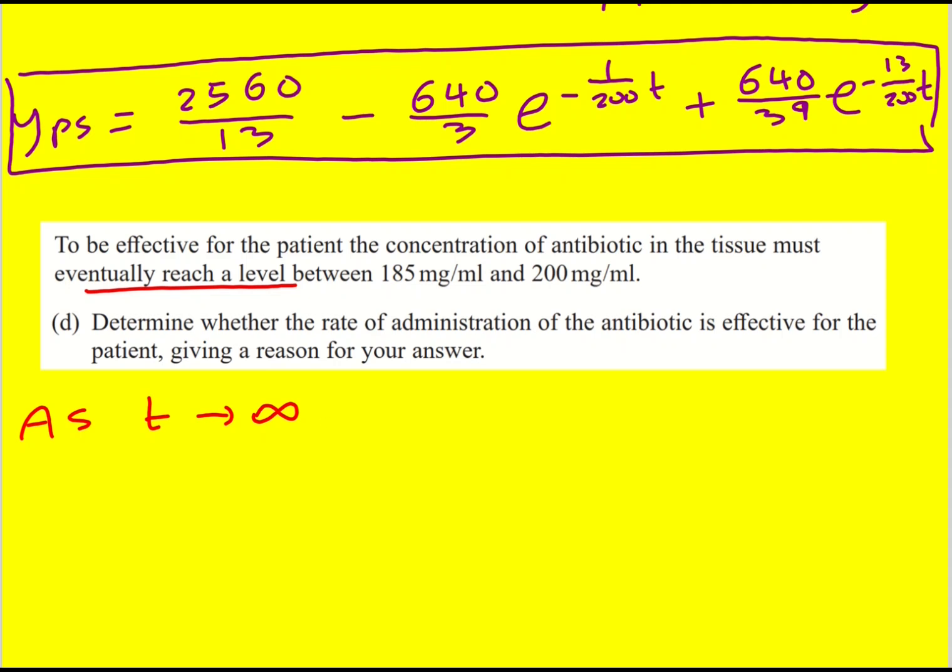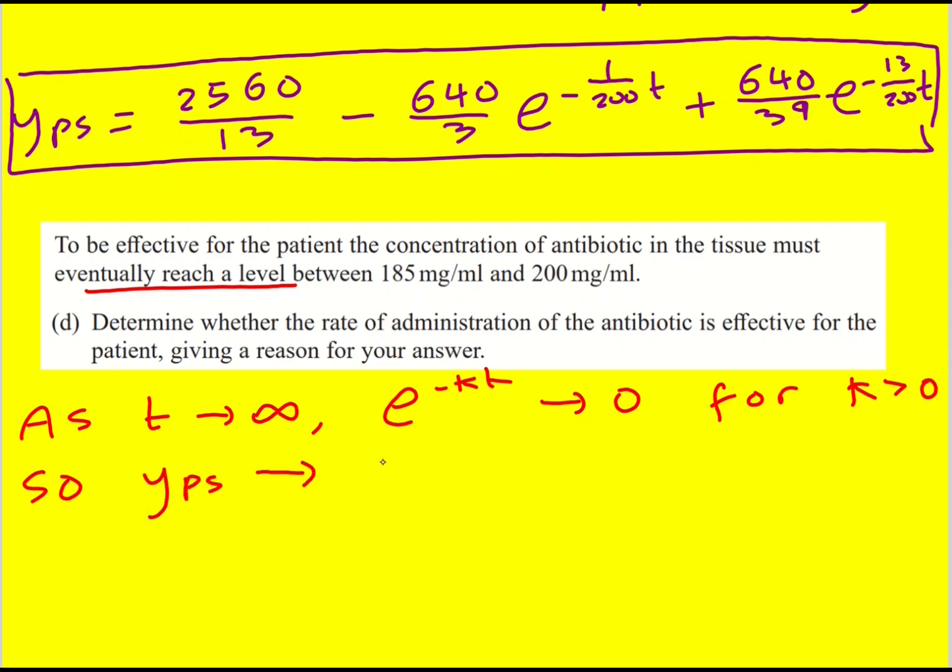So as t approaches infinity, e to the minus kt is going to approach 0 for k greater than 0. So the particular solution is going to approach 2560 over 13, which is 196.923.